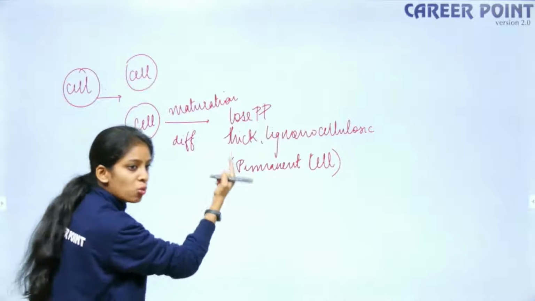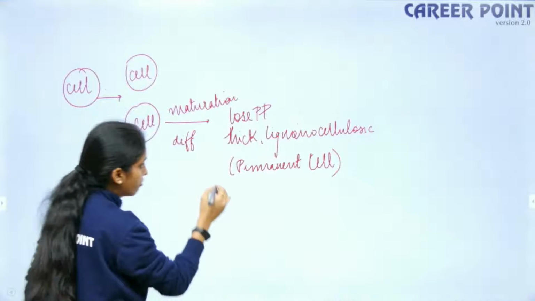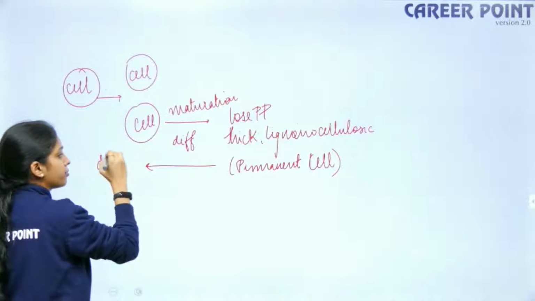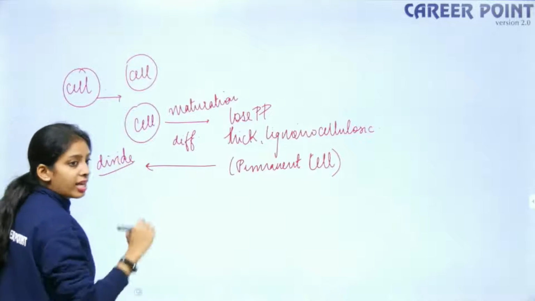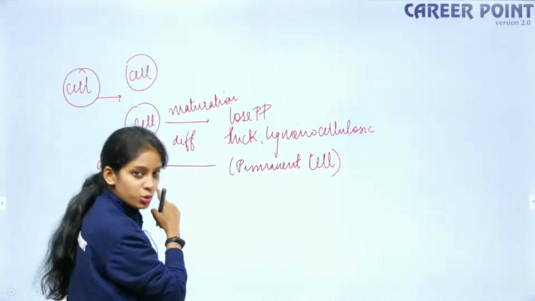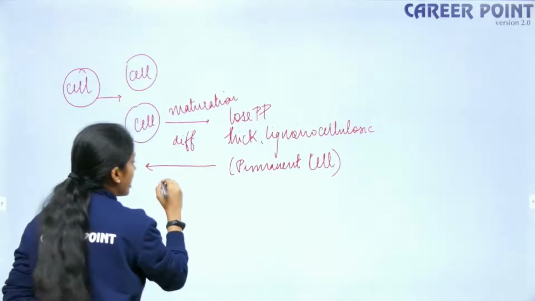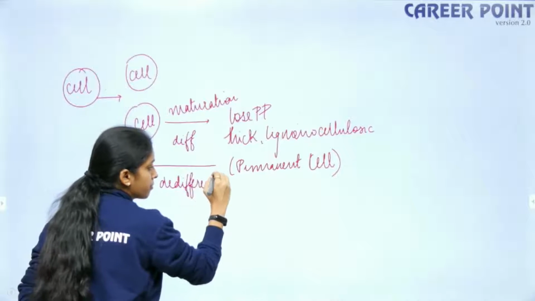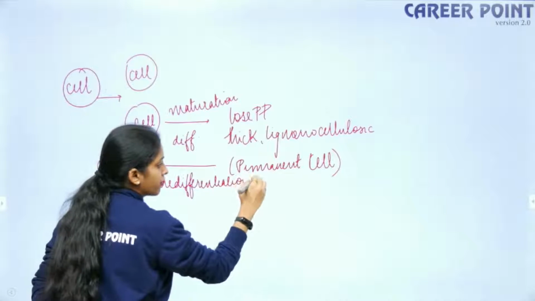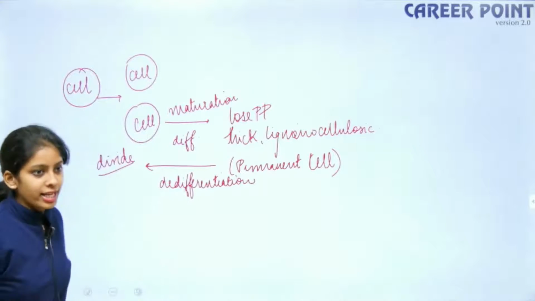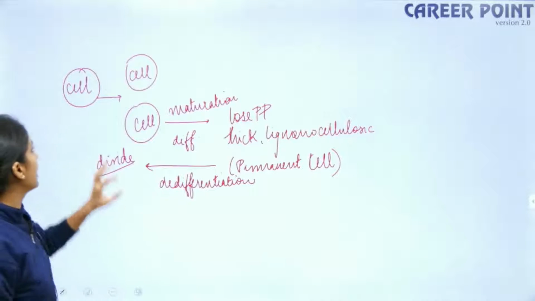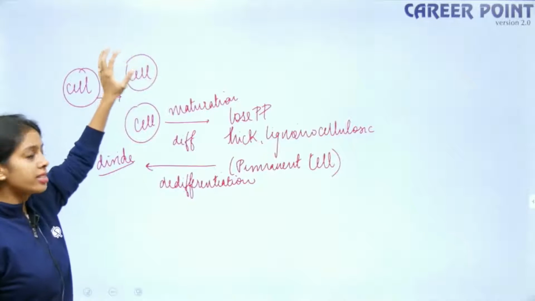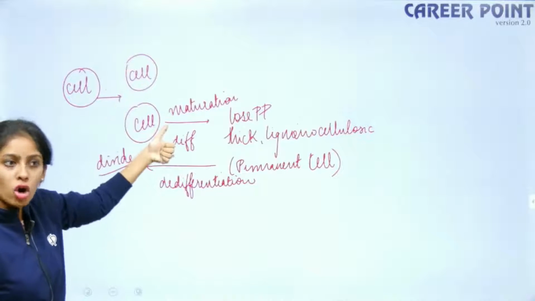When the cell which has lost its ability to divide again regains its ability to divide, this is known as de-differentiation. You're understanding? So initially you have a cell, it is very meristematic, so it is undergoing division to form two daughter cells.